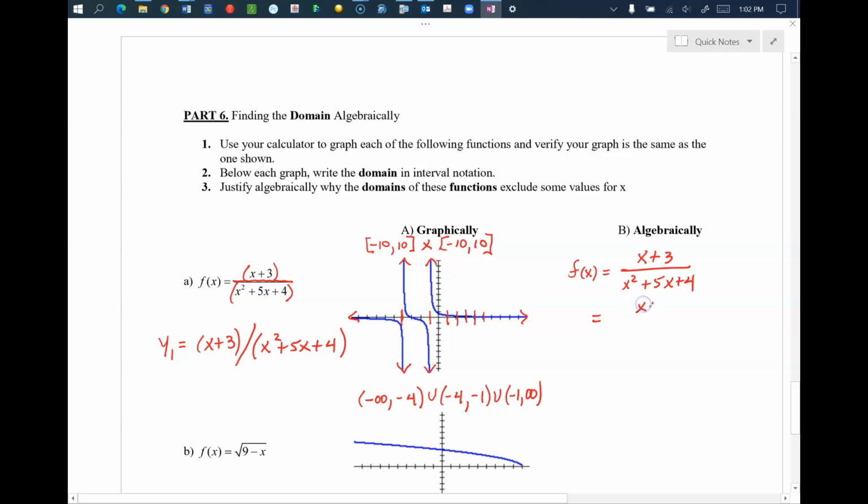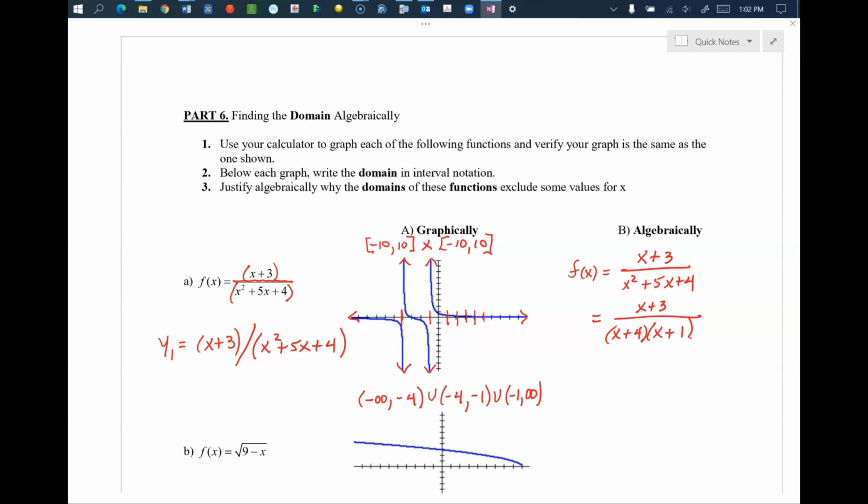But if you take a closer look, what you'll see is that the denominator is factorable. So factoring it is going to help us see what's going on. So (x plus 4)(x plus 1). That function is just a fraction. It's just a complicated fraction.